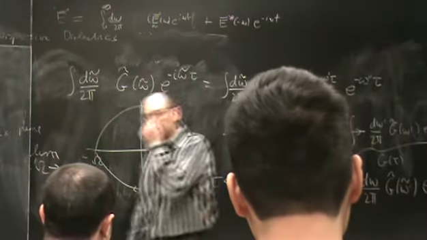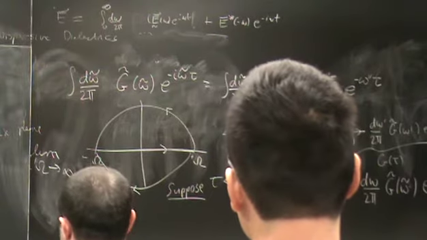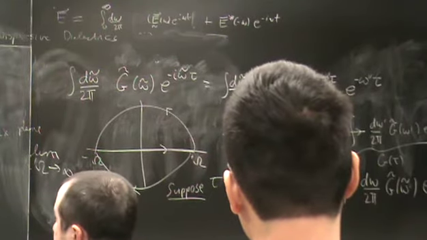Yeah, so I forget, but by poles and residues, you mean any order? All of them. Okay, that's right. It doesn't matter.